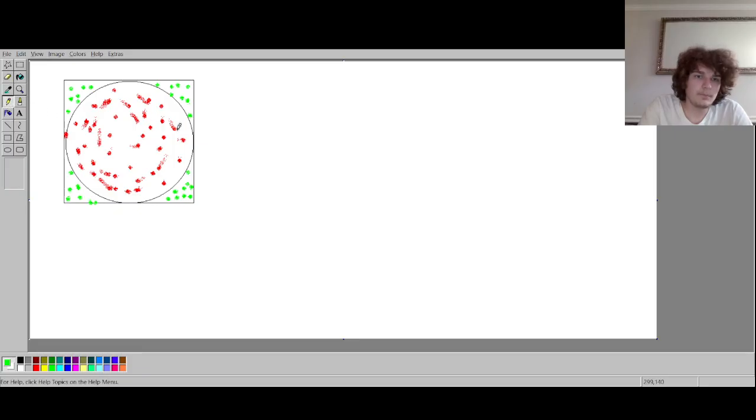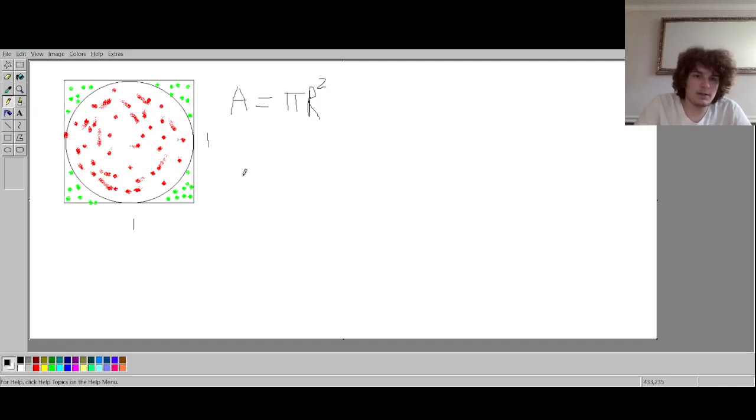So the area of a circle, as we all know, is pi r squared. Another way to represent the area of the circle is the area that the red dots take up of this square. Now this square is 1 by 1.